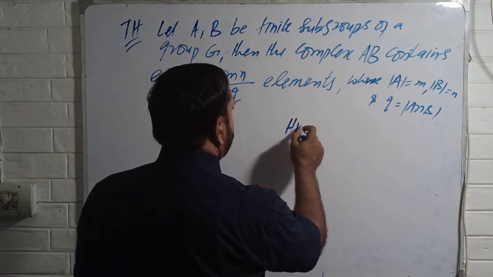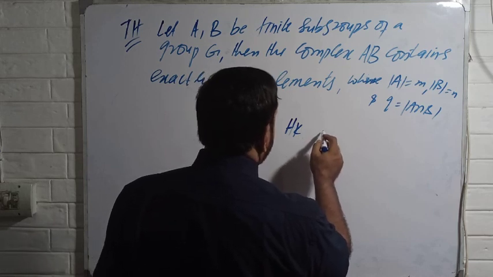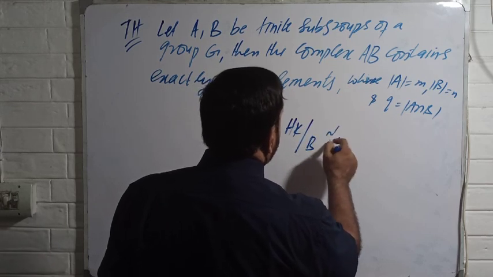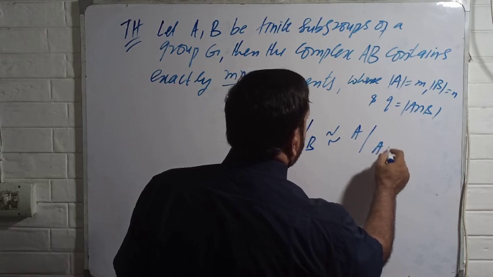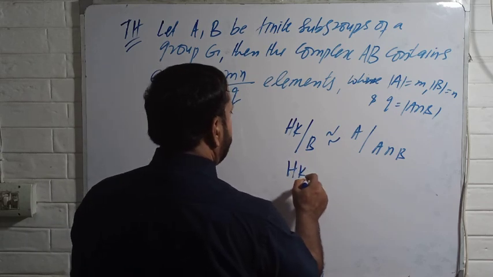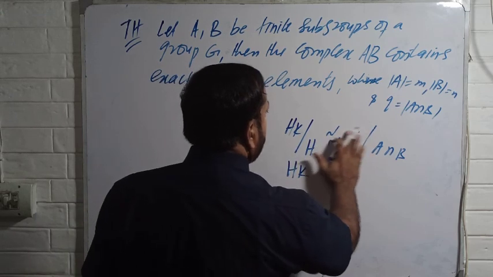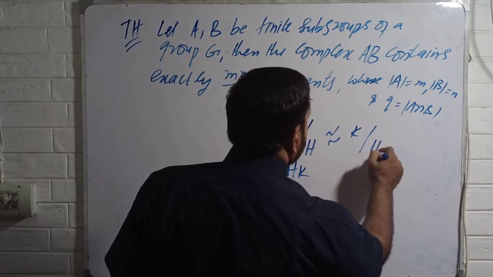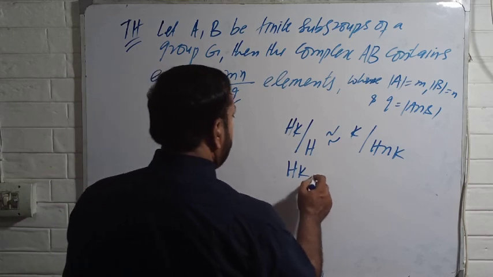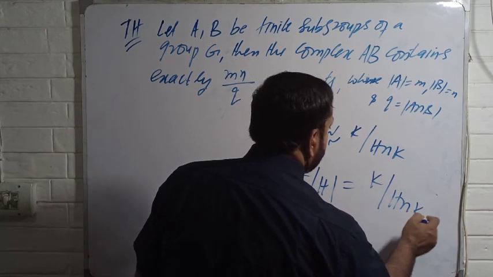It was HK over H is isomorphic to K over H intersection K. So the order of HK by H is in fact the order of K by H intersection K.